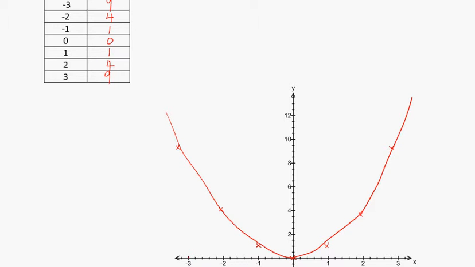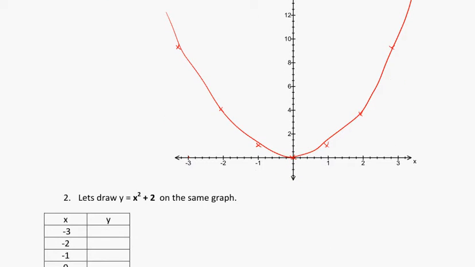And that is our parabola, y is equal to x squared. There are quite a few shapes in nature that are parabolic. So not too pointy, just a nice smooth parabola. And your teacher will talk about other things that are parabolic shapes.